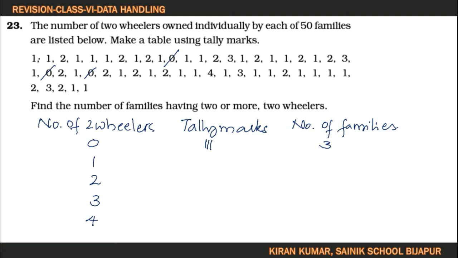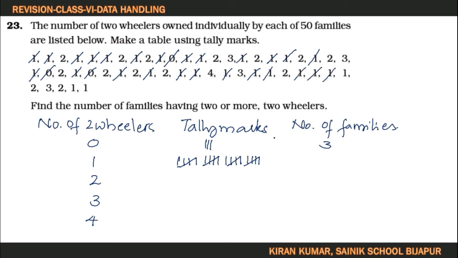Here 1. Let me count first. 2, 3, 4, 5. So that 5 I will write first. 1, 2, 3, 4, 5, and again in groups of 5, until 3 more.